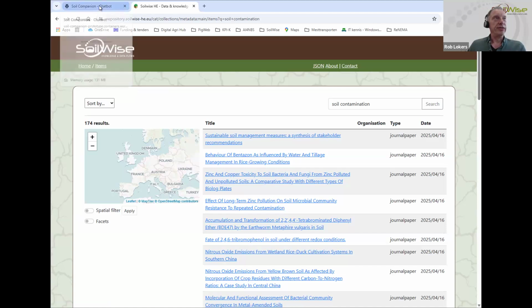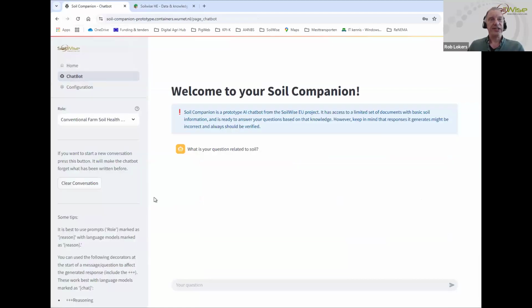The other thing that we develop, and this is still quite experimental, is a chatbot. You see it here. Like I said, it allows you to pose all kinds of questions in natural language.